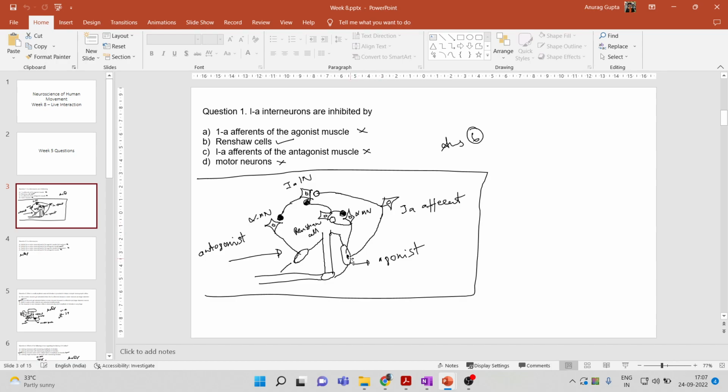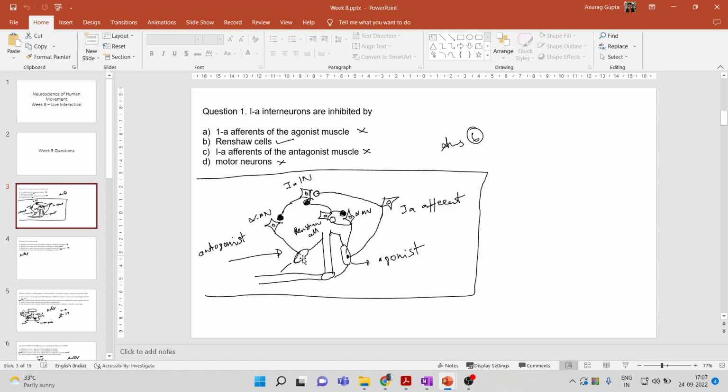So when the agonist stretches, the 1A afferents start firing, and in turn excite the 1A interneurons, and once the 1A interneuron gets excited, it inhibits the alpha motor neuronal pool of the antagonist.